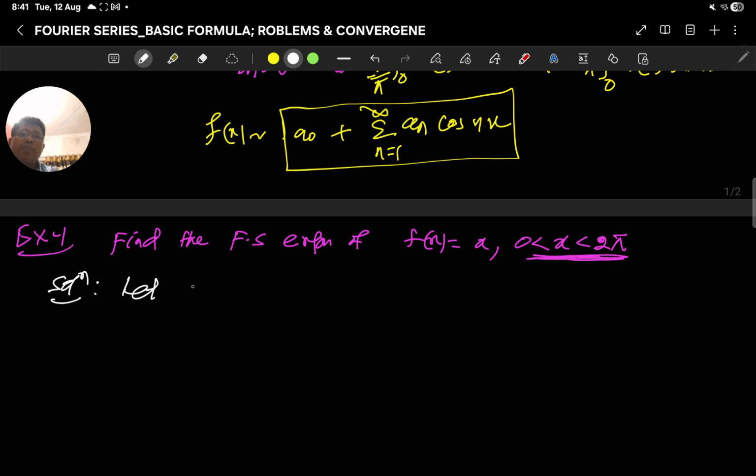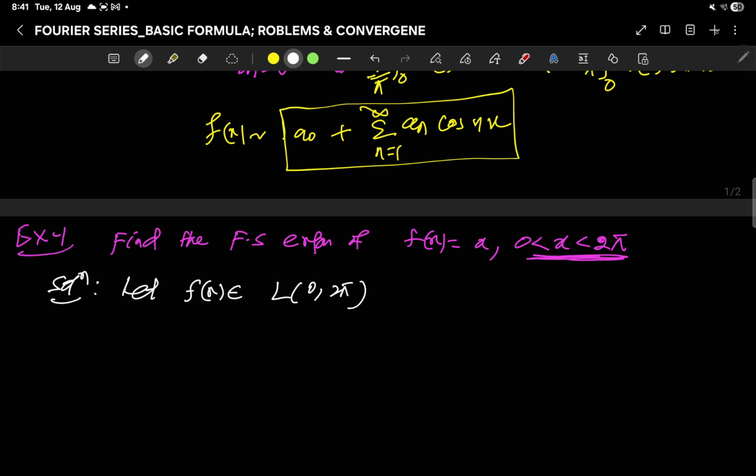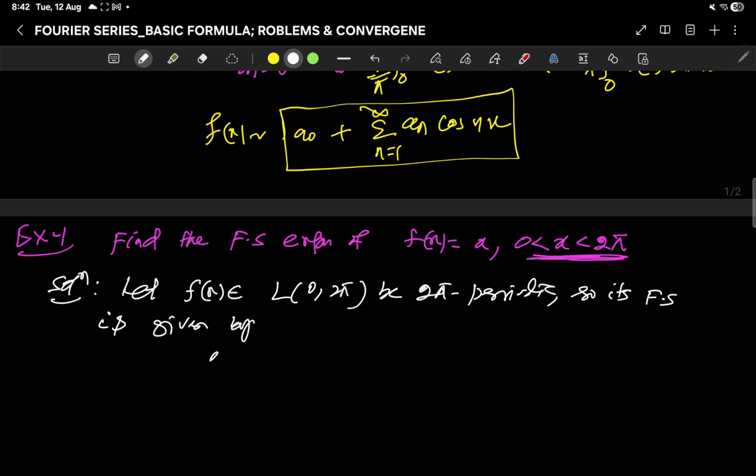Let f of x belong to L 0 2 pi and be 2 pi periodic, so its Fourier series is given by f of x is equal to a0 plus summation n is equal to 1 to infinity an cos nx plus bn sin nx.